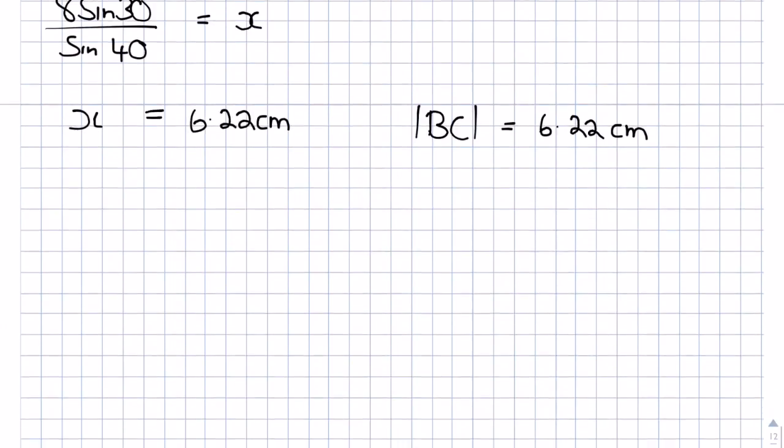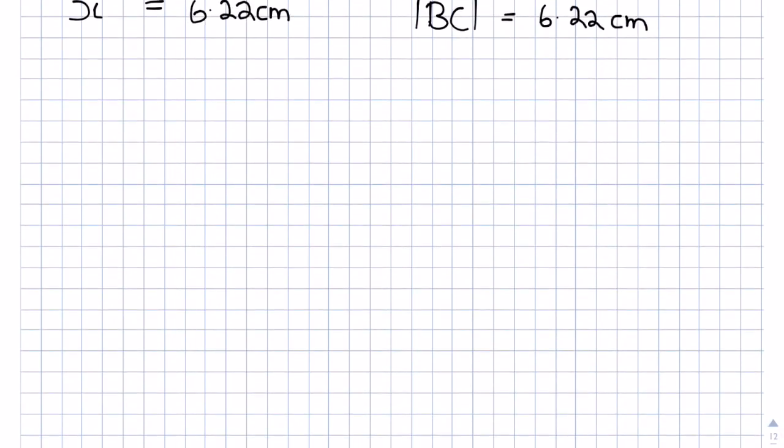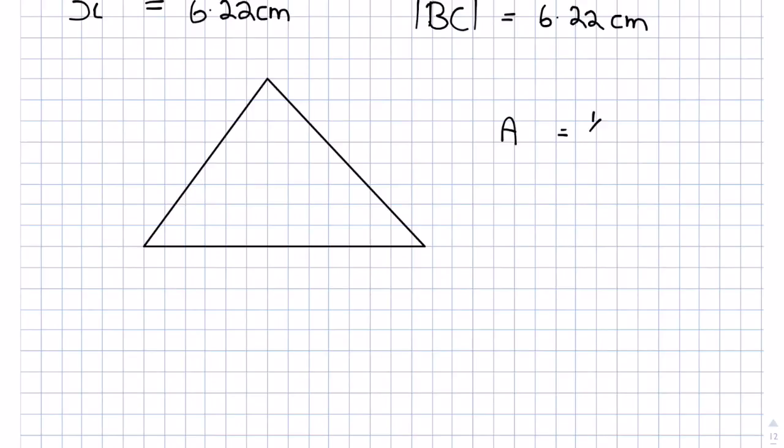Another thing we can use is we can find the area of a triangle. So in your study of geometry from junior cert, you will have said that the area of a triangle is half the base by the perpendicular height.